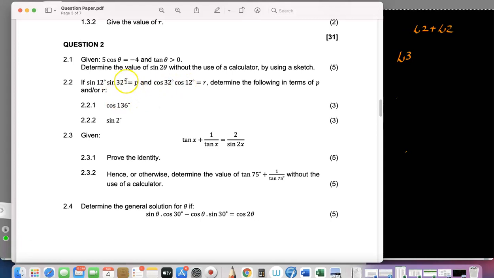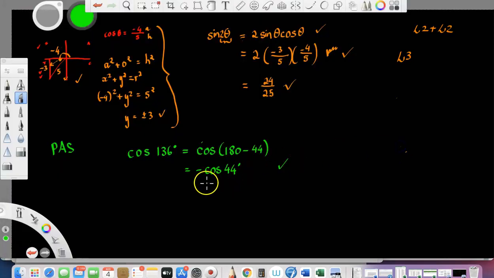Well, hopefully what you can see is that 44 is 12 plus 32. So I can say this is equal to minus cos of 12 plus 32. This is a compound angle. I can break this up as negative and now put this in brackets, because the negative applies to this whole thing. So if you're going to expand that, put it in brackets.